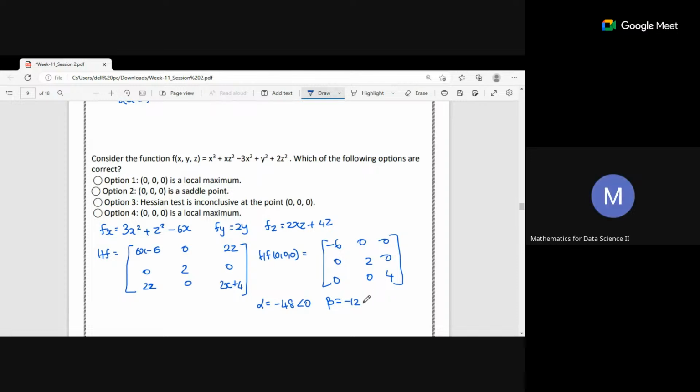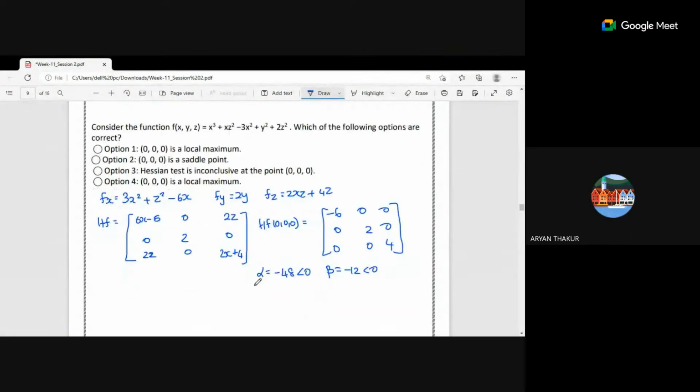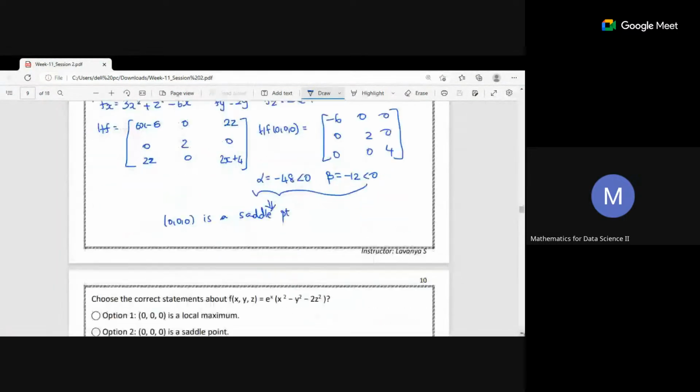So it is less than 0. Should we go to step 3? No. So this itself tells you that it is a saddle point. Okay, so this is a saddle point.